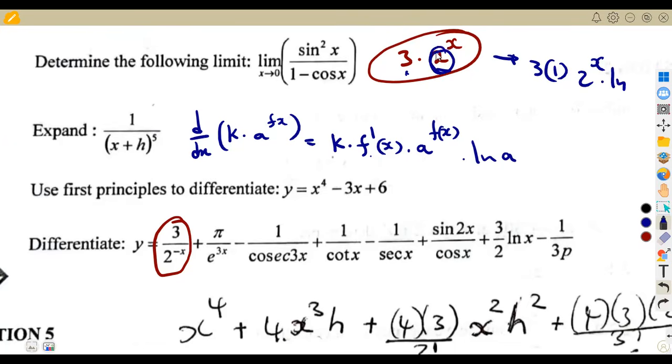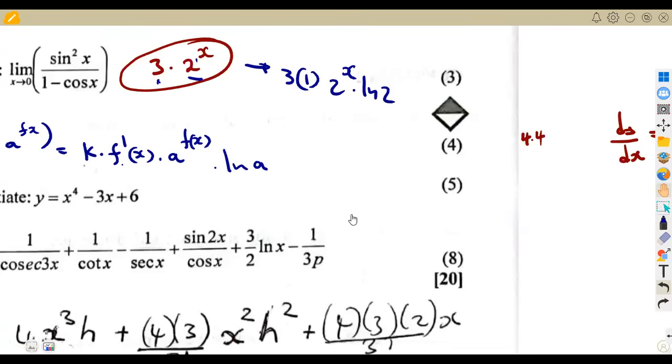Our a is the base, which is 2, so that is ln 2. So it is going to be 3 times 2 to the exponent of x, ln 2. All right, so that's it.